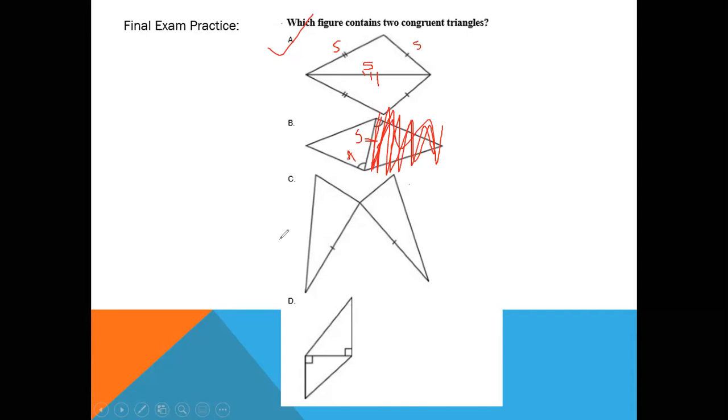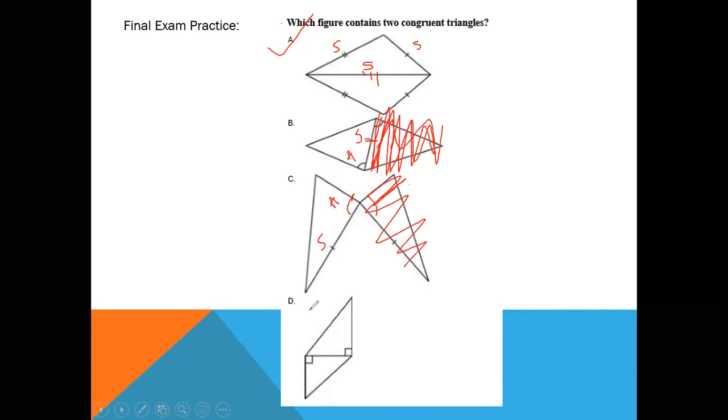Okay, what about C? No. What am I allowed to mark in C? The vertical angle. Okay, I am allowed to mark that. Once again, you only look at one triangle, so you have a side and an angle. You don't have a third piece of information.